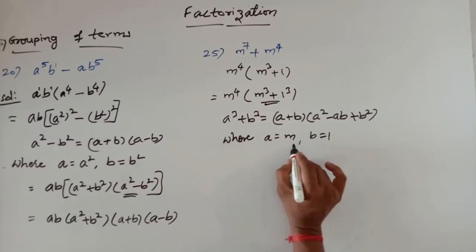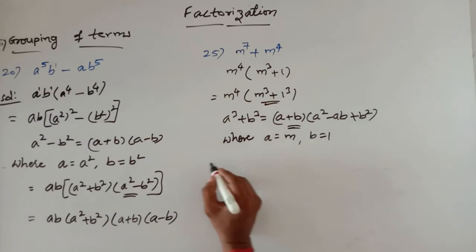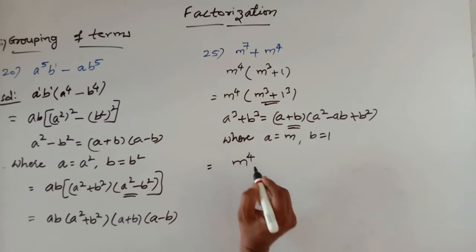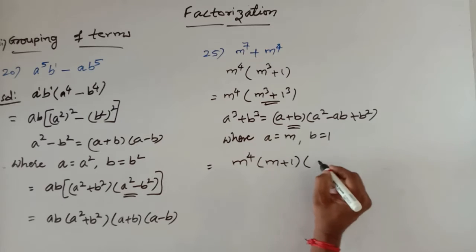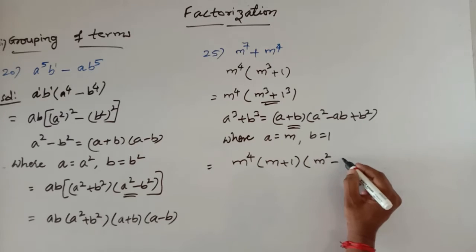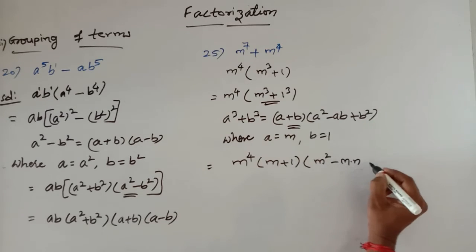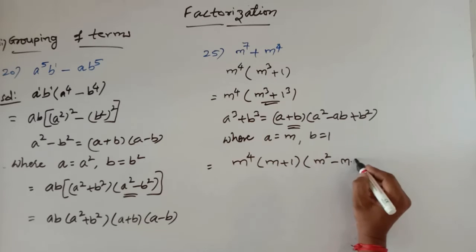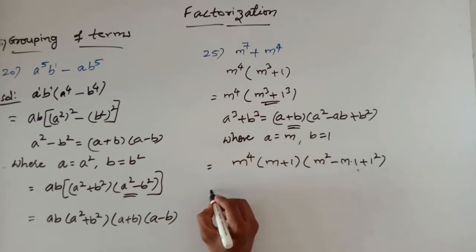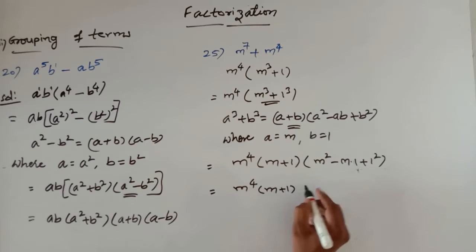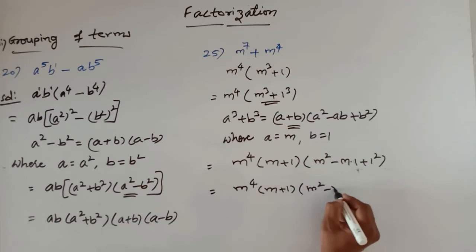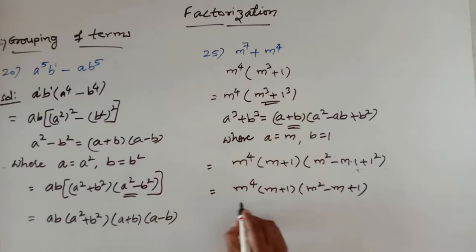I am going to substitute these values in this expansion. Now that is equal to m to the power 4 as it is, I am not disturbing. Next, m plus 1 into m square minus m into 1 plus 1 square, that equal to m to the power 4 into m plus 1 into m square minus m plus 1. So these are the factors of m to the power of 7 plus m to the power of 4.